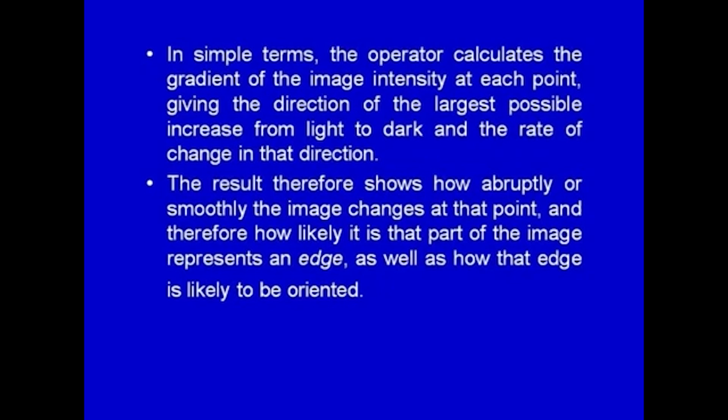The result therefore shows how abruptly or smoothly the image changes at that point, and how likely it is that part of the image represents an edge, as well as how that edge is likely to be oriented.